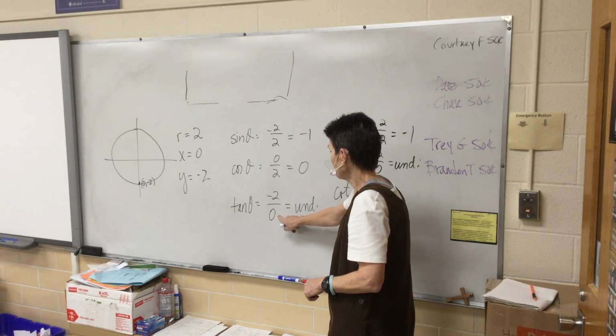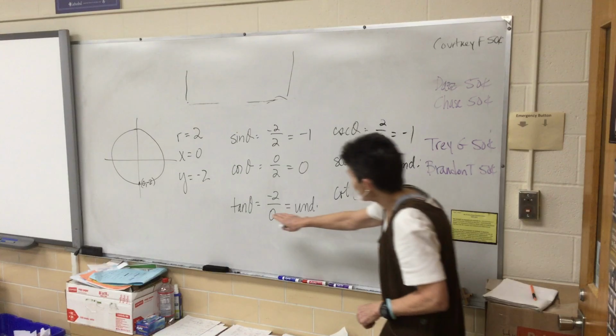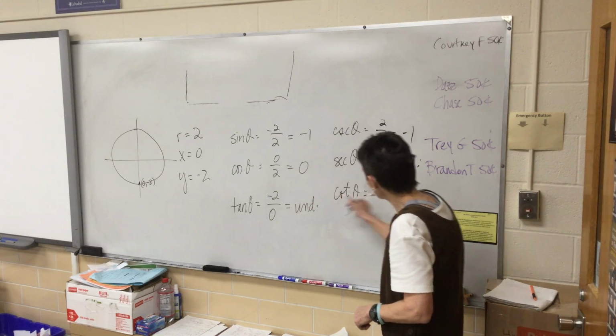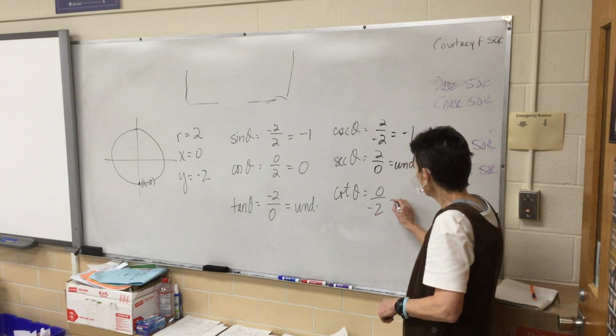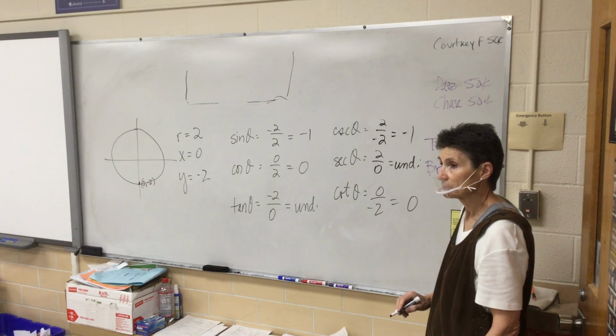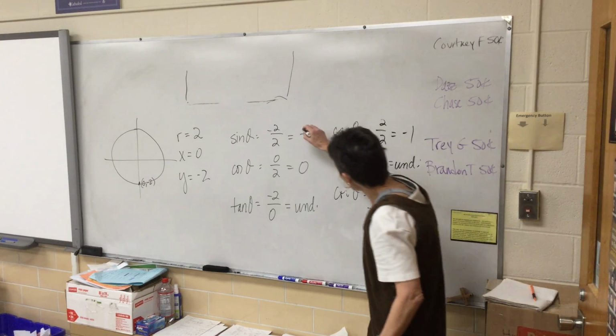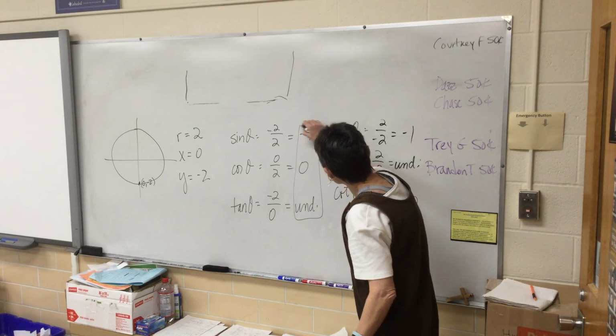So if you're sitting on the 0, it's going to smash. You can't do that. Now look though, our tangent was undefined, but when we flip it, then it becomes okay. So these are the final answers right here.